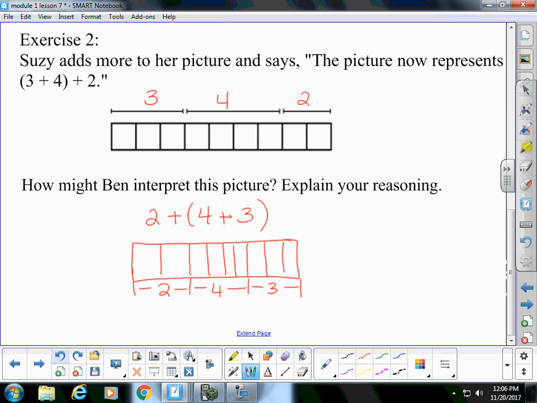Okay, so I think Ben will see 2 plus 4 plus 3.